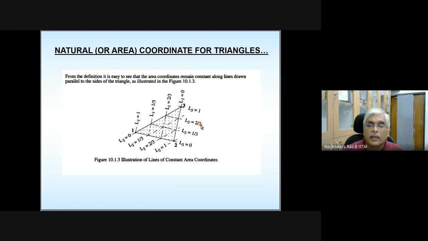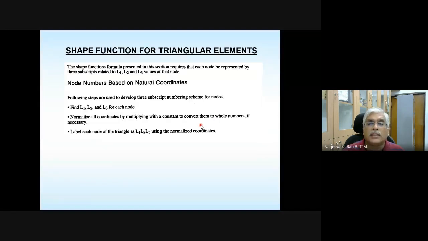Anyway, now coming back to this procedure that we were discussing, the idea of these area coordinates, or later volume coordinates, is to make use of these concepts for deriving the shape functions for higher order triangular elements.